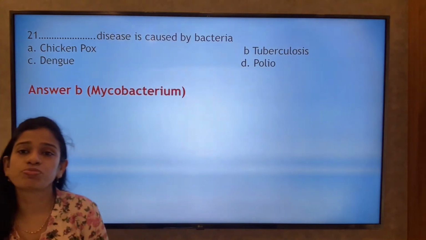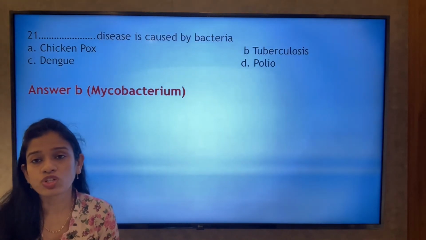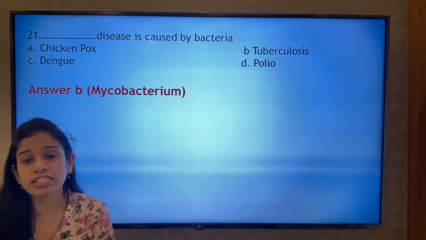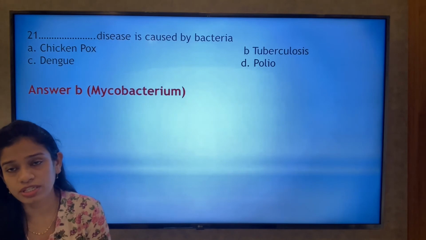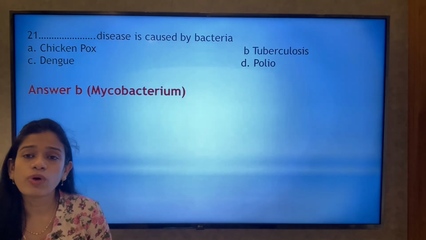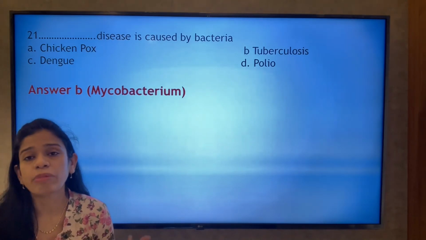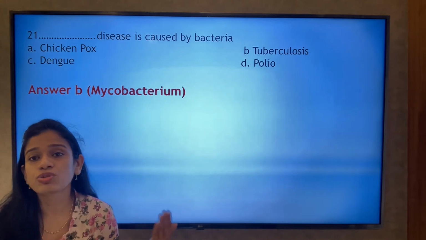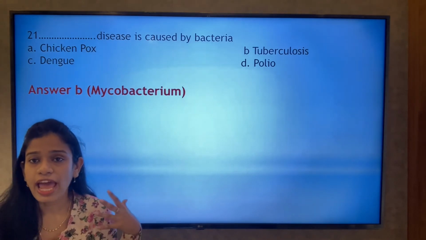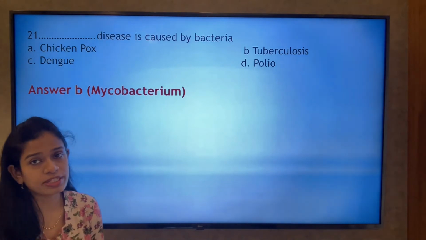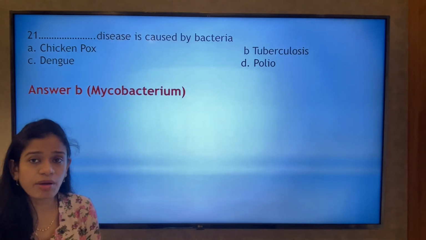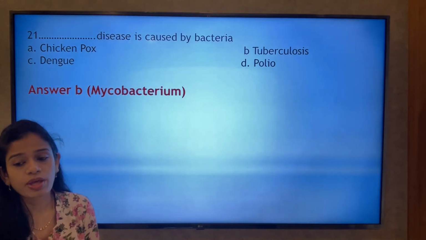This is a special type of bacteria which causes the disease tuberculosis. It is highly communicable in nature, that is it spreads from one person to another by touch, by staying near each other. So it is caused by the bacteria Mycobacterium.